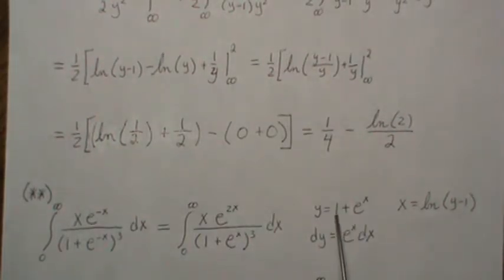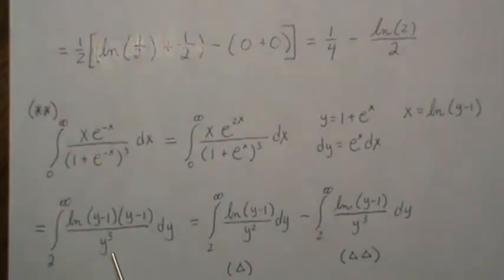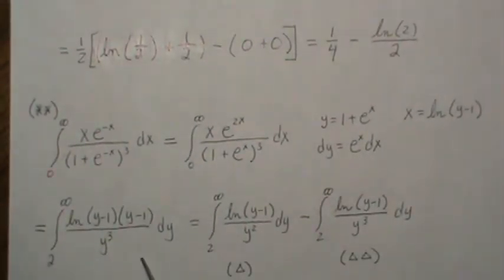So if we take the 1 over, we get y minus 1 is e to the x. So when we substitute everything back in, this becomes y cubed. And x, of course, is when we back solve. And one of these goes here for that, and the other one is y minus 1.